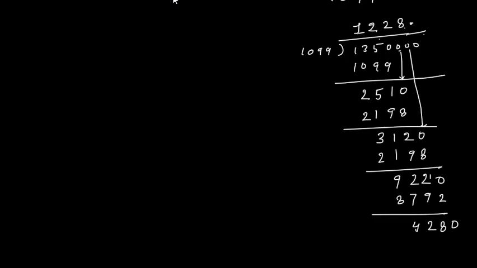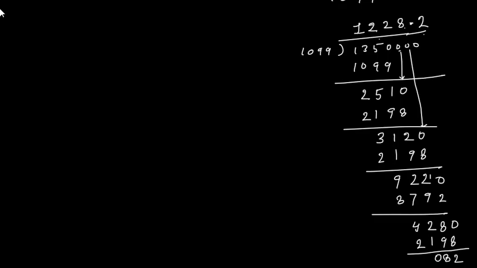So I will put a decimal point and now it will be 4 times. If I take 4, 4 nines are 36, so it is not 4. Take 2: 2 nines are 18, 1 carry, 19, and 2 ones are 2. Now subtracting, 17 minus 9 is 8, 1 minus 1 is 0, and 4 minus 2 is 2.